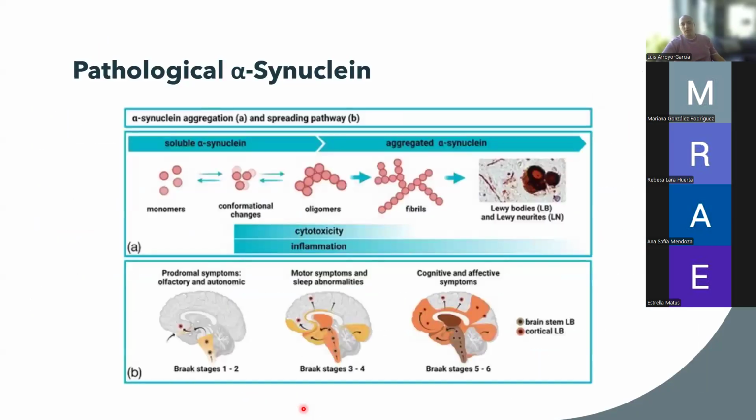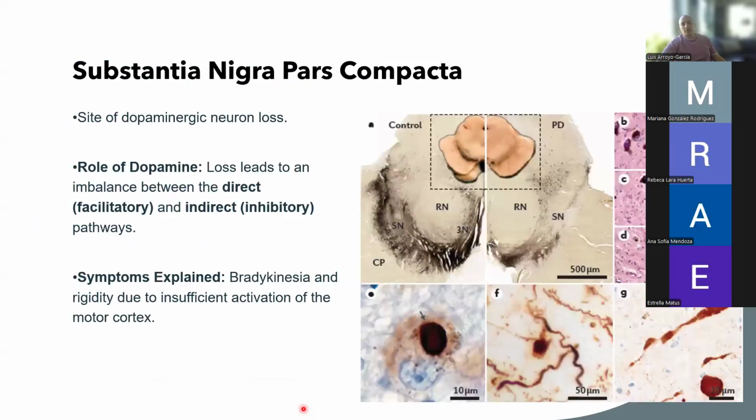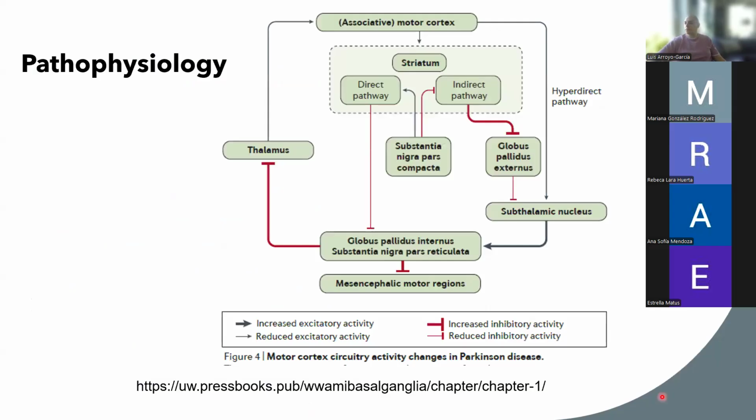So if we have that, then we don't have this communication to the direct pathway and the indirect pathway. So if we don't have this communication, we cannot generate this circuit that will generate the motor activity.